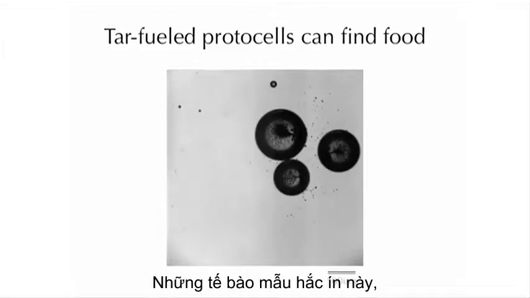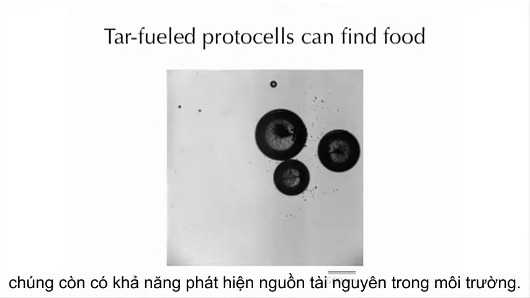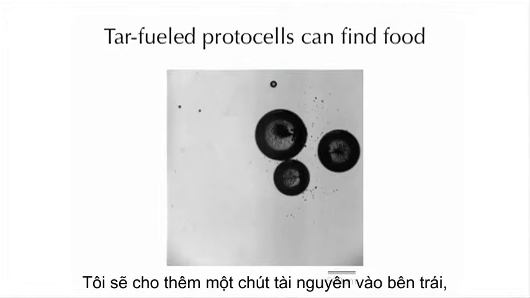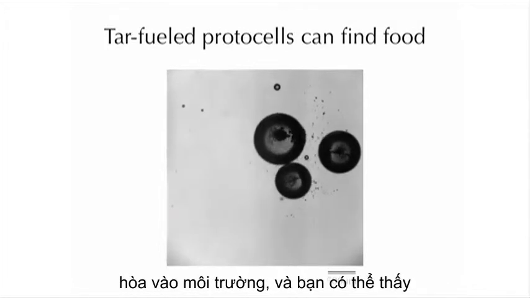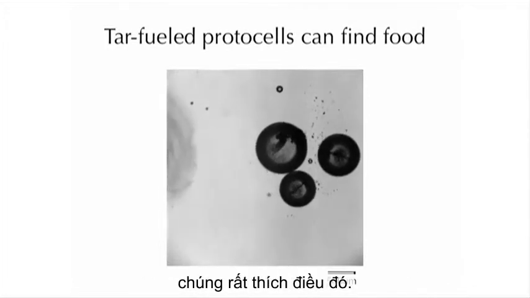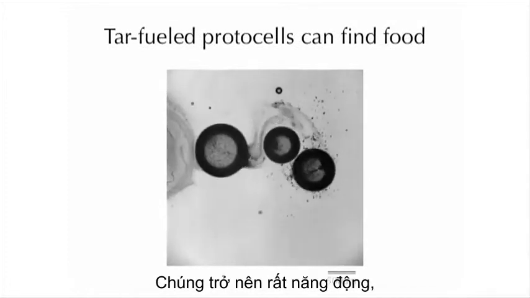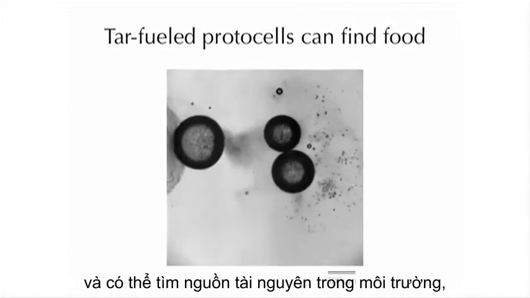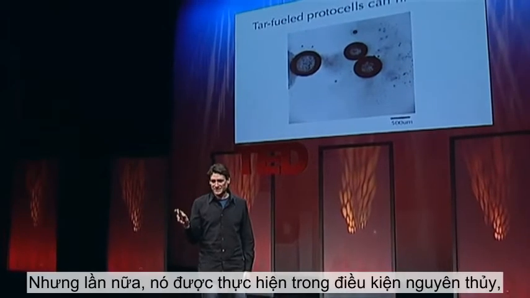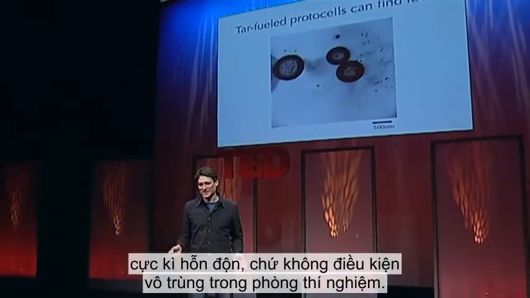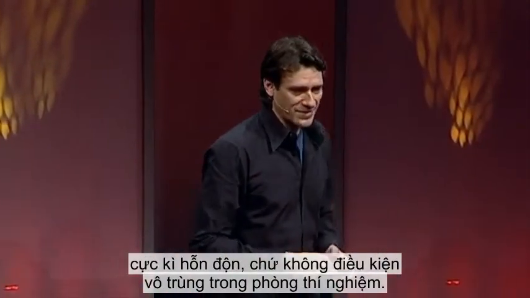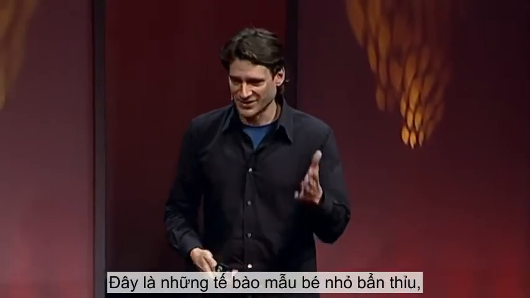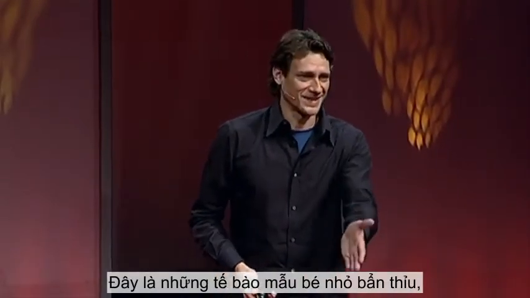These tar-fueled protocells are also able to locate resources in their environment. I'm going to add some resource from the left here that diffuses into the system, and you can see they really like that. They become very energetic and able to find the resource in the environment, similar to what we saw before. But these are done in these primordial conditions, really messy conditions, not sterile laboratory conditions. These are very dirty little protocells, as a matter of fact.